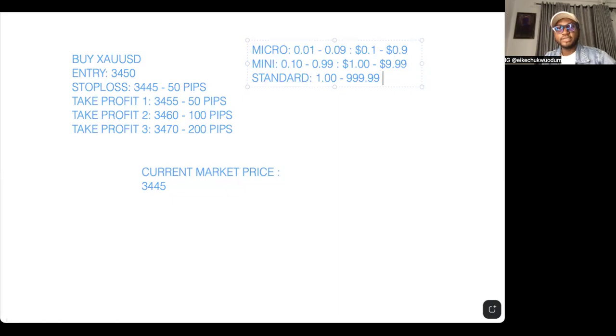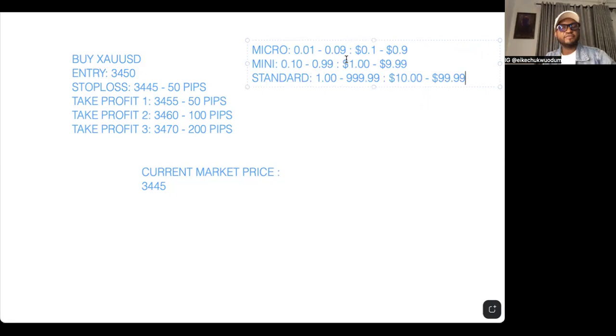For a standard lot, your risk is $10 per pip and above. So I hope we kind of get it. I hope we do get it.